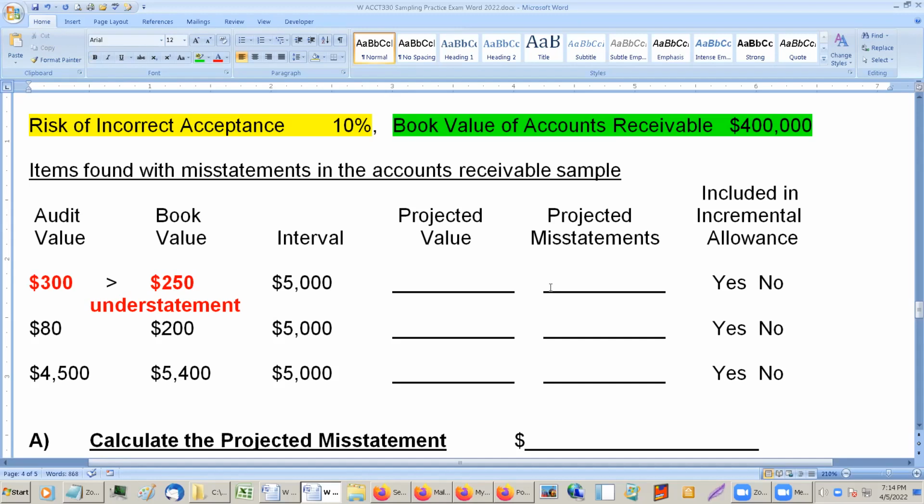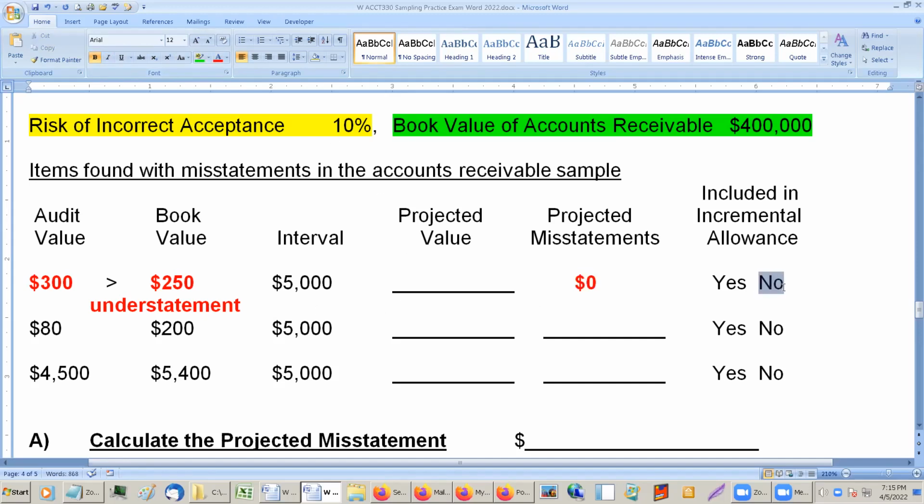And as an auditor, this is one of those things that kind of makes you wince, but you find an error. What do you do with it? You don't do anything with it. If it is an understatement, we ignore it.